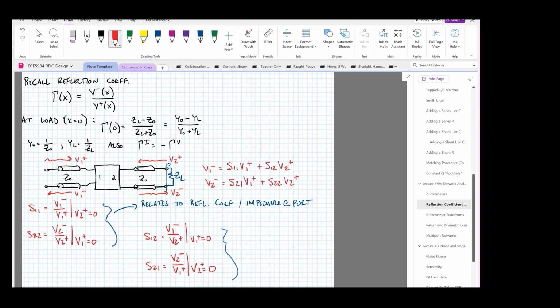So transmission through the circuit. Again, related to transmission. And the reason to say related to transmission is if I don't have a perfect input match or a perfect output match, some of the signal is going to get reflected off of the input. I have to do some calculations to figure out what portion got reflected versus what portion got sent through after the reflection. But they are related to reflection.